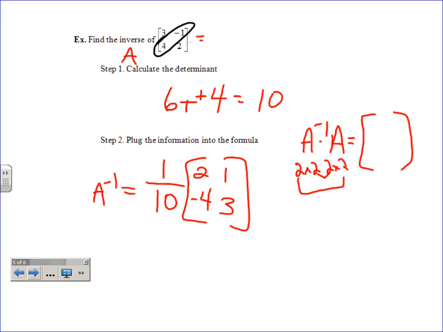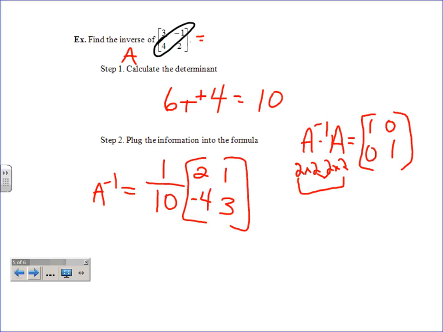How does 1 present itself in a matrix? Okay, if they were all 1s, it's not quite right. That is the form of 1 in a matrix. That's called the identity matrix. The positive diagonal will be all 1s.